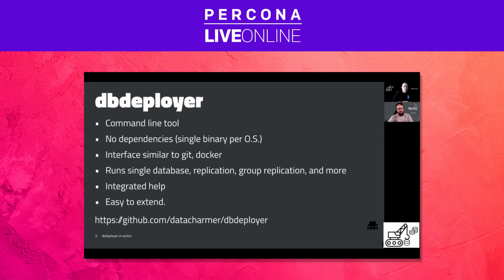So if you know this kind of command line, you will be familiar with DBdeployer as well. You can deploy a single database or databases in replication, group replication, and more. There is an integrated help. It is easy to extend, and you can find it in GitHub with all the documentation.